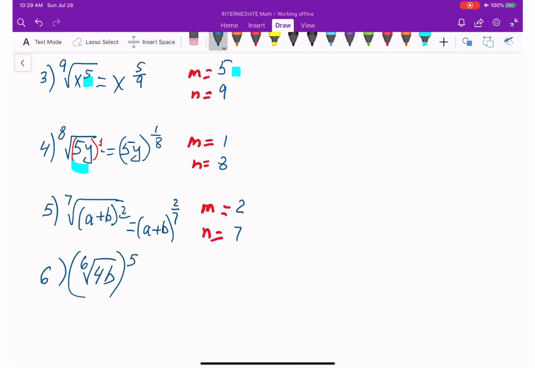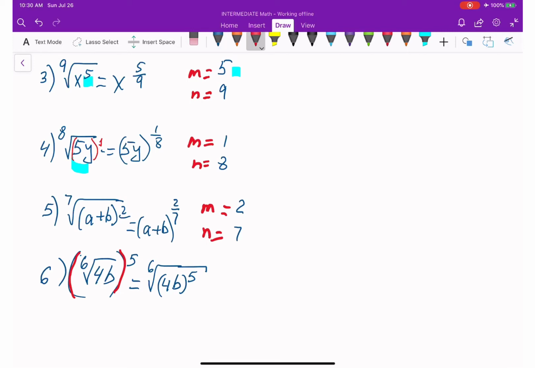When you have the whole radical in parentheses and power 5, that is the same thing as if I write radical 6 of 4b to power 5. I have no clue why they put this radical into parentheses and put 5, because it makes no sense. It's the same thing as 4b to power 5. So I'm rewriting this way, and from here, it's easy to do.